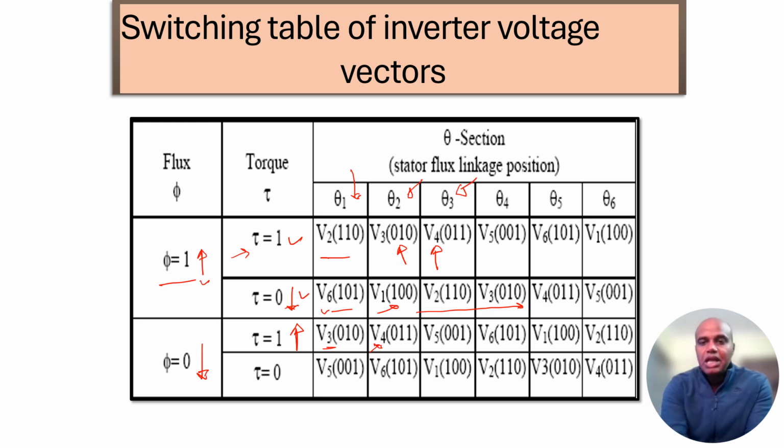So this table helps to identify, based on the requirement, whether I need to increase or decrease the flux or the torque, and in which of the given six sectors my actual state vector lies. Accordingly, this table helps to identify which switching combination needs to be selected, and based on this lookup table, the switching of my inverter happens, which is known as space vector modulation.